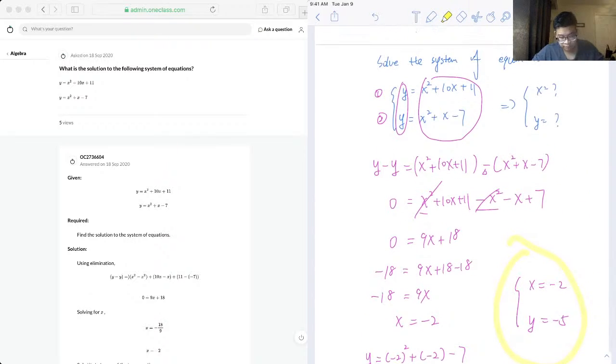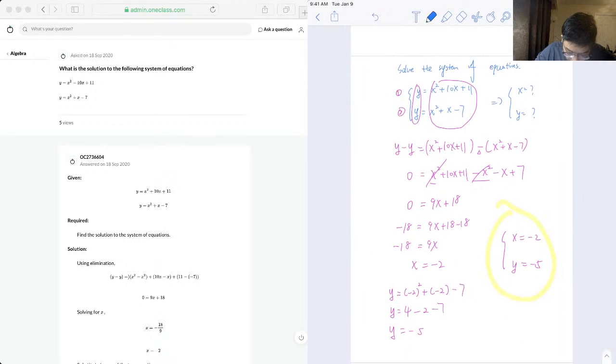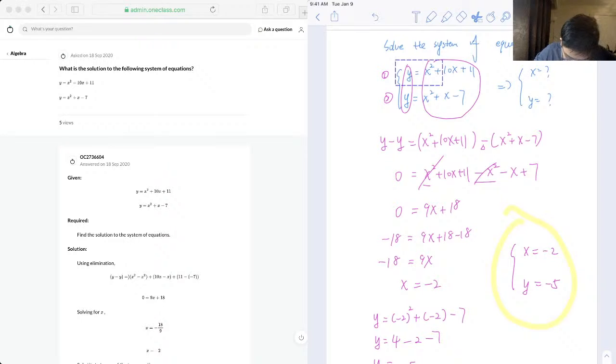Whenever you come across a question that asks you to solve a system of equations, after getting your final result, you can always substitute back into the original equations to check if your answers are correct or not. In this case, I'll just copy down the original question.